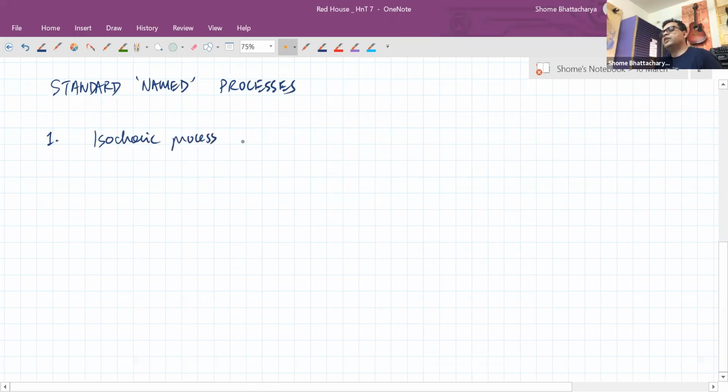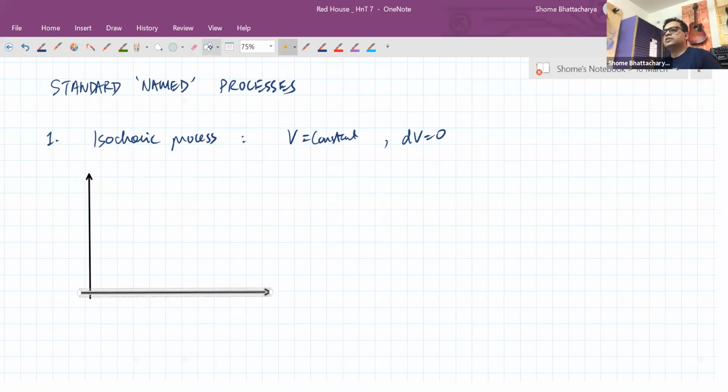I'll go over this quite fast because we've done this in chemistry. So this is one where volume is constant, or the change in volume is zero. So in PV space, this process looks like a vertical straight line.